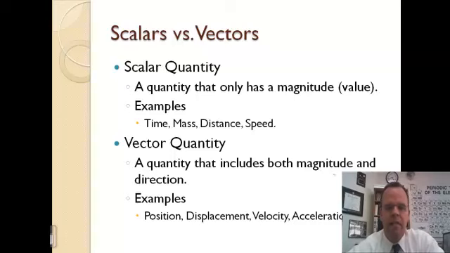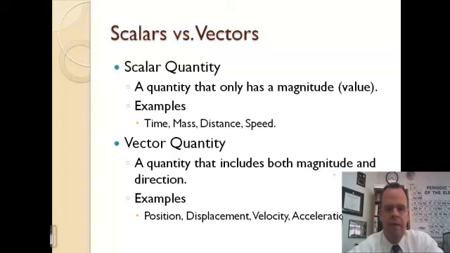And many vector quantities have a pair that is a scalar quantity. So there's a scalar version of many vector quantities. For example, distance is the scalar version of displacement. Displacement is the difference in position from where you started to where you finished. It's a distance and direction. Velocity is a speed and direction.